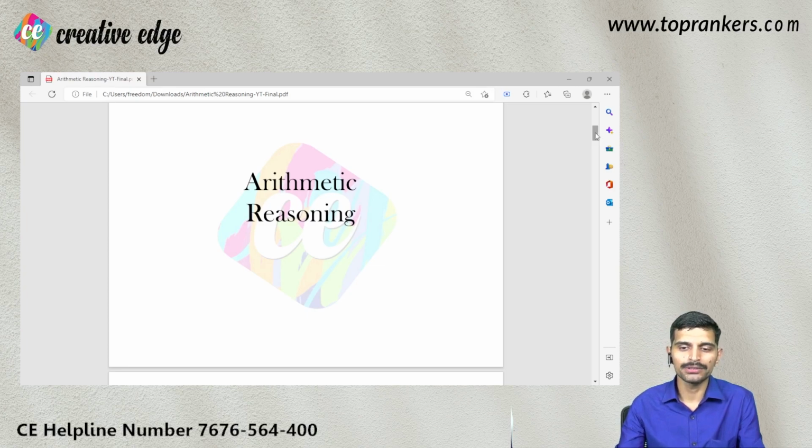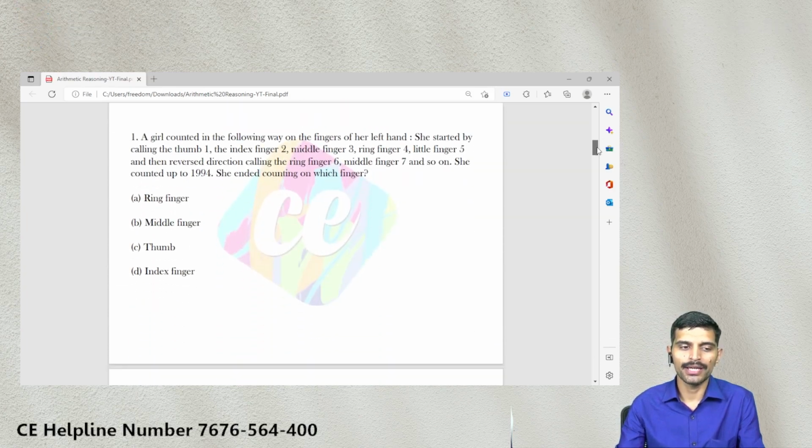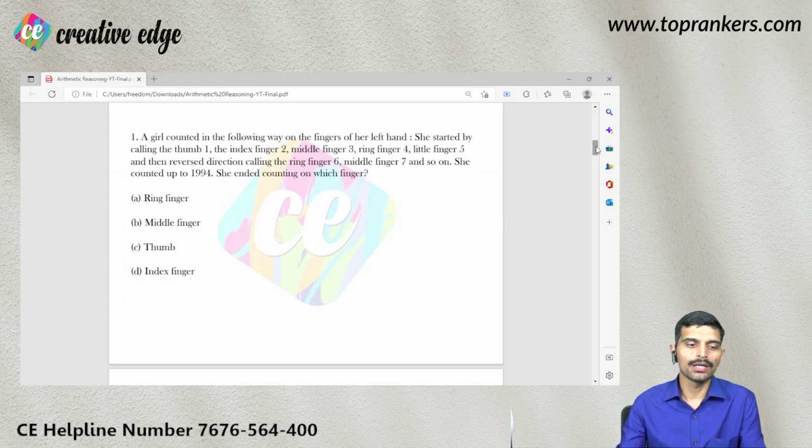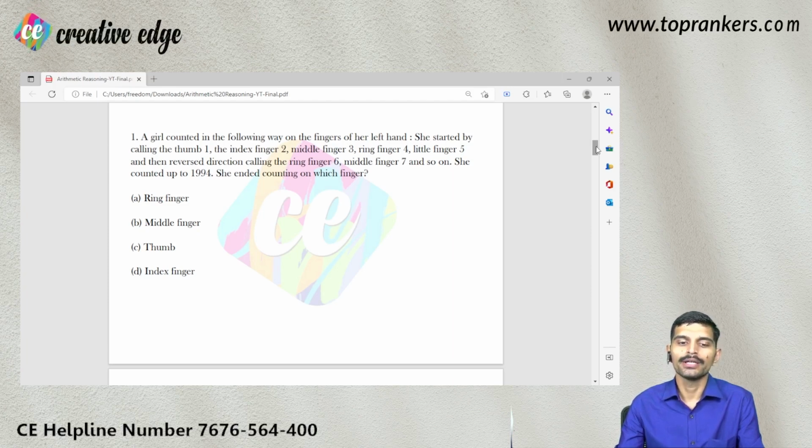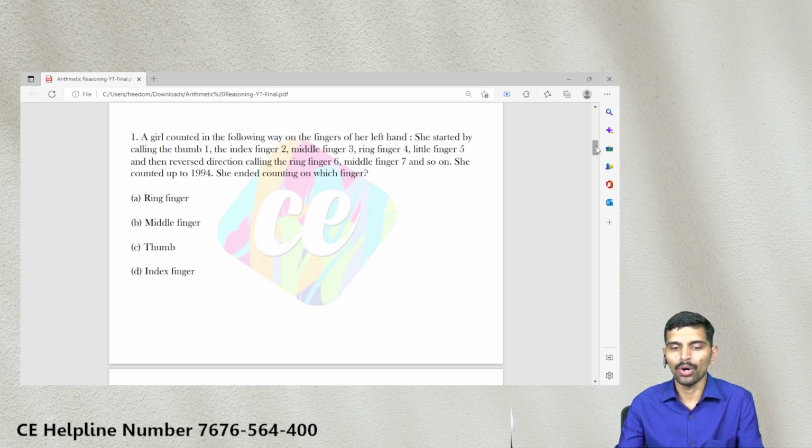So the very first example is on our screen now. It says a girl counted in the following way on the fingers of her left hand. She started calling thumb 1, the index finger 2, the middle finger 3, the ring finger 4, little finger 5, and then reversed the direction by calling ring finger 6, middle finger 7, index finger 8, and thumb 9, and so on.